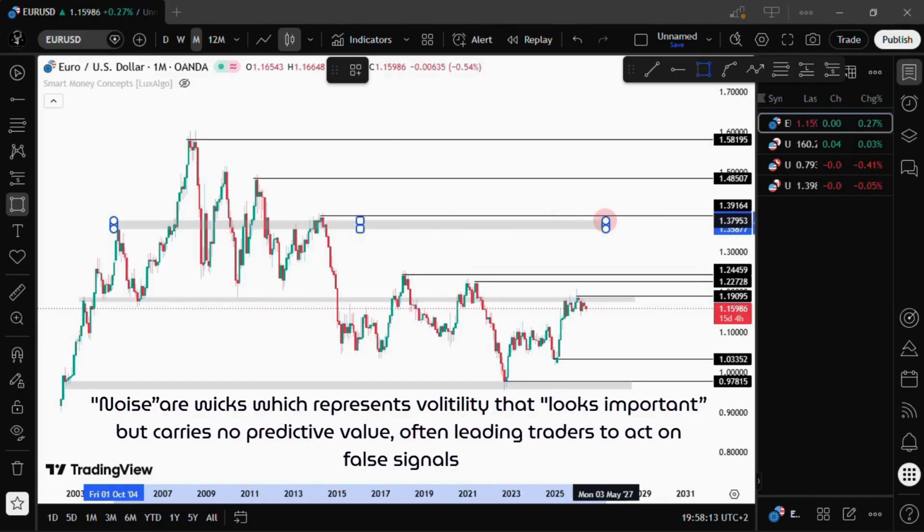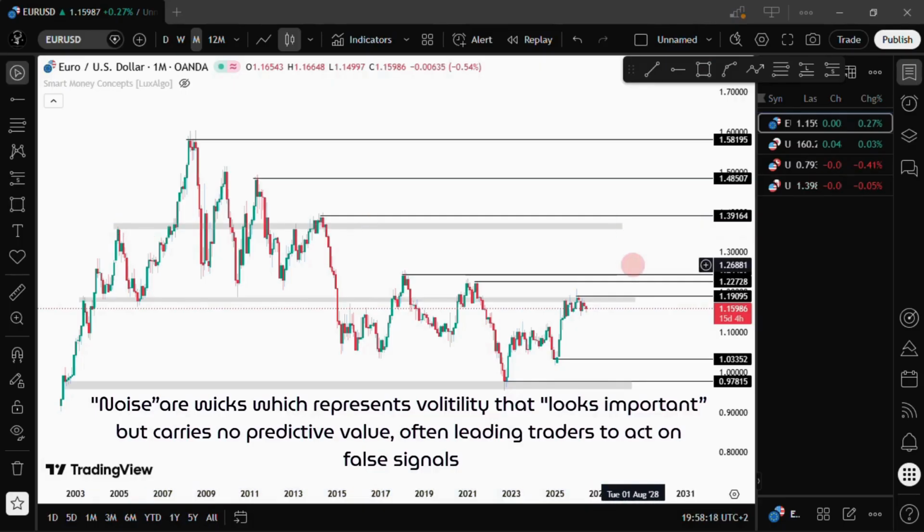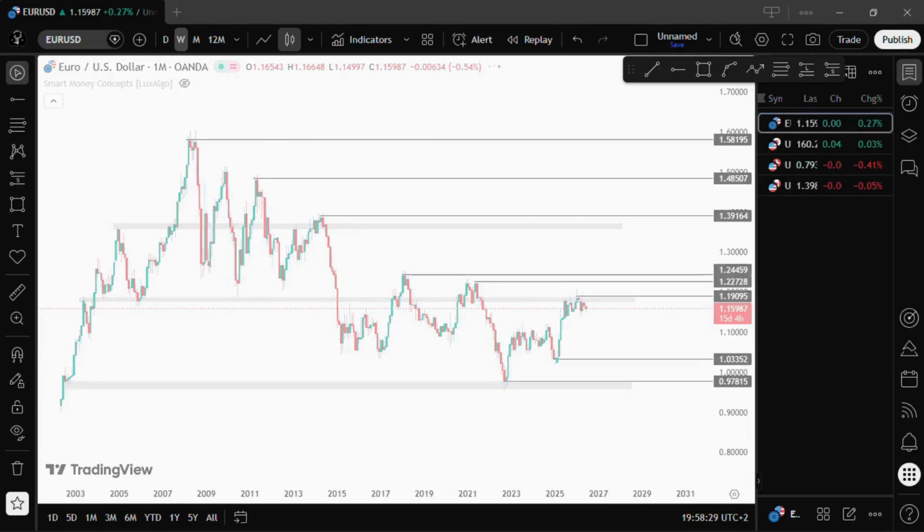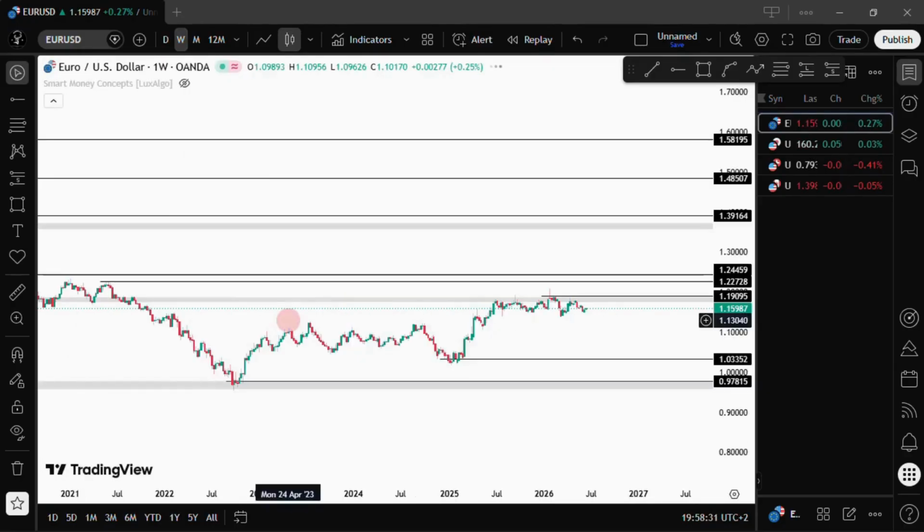This is a process guys. We must mark out our resistance and support areas, because the market might come to retest these levels in a later market move. I think that's enough guys.